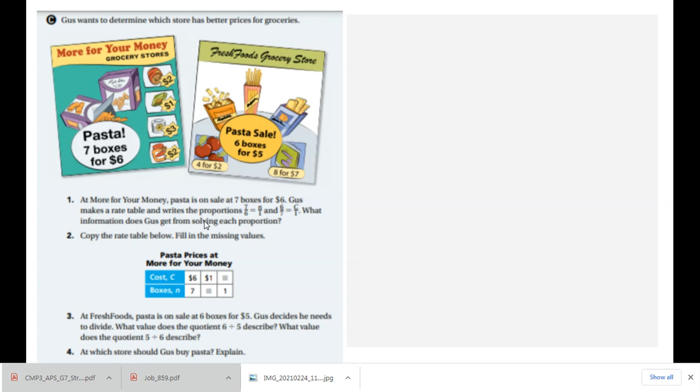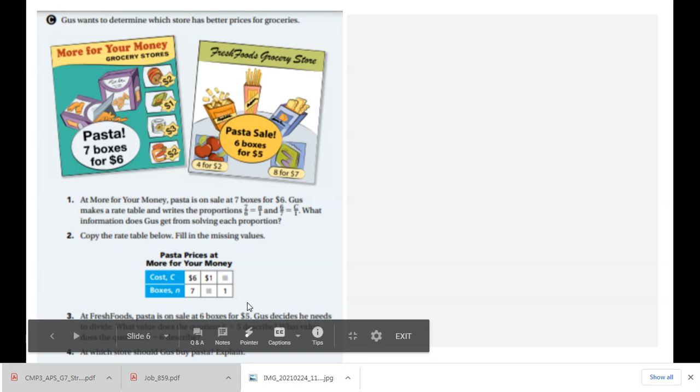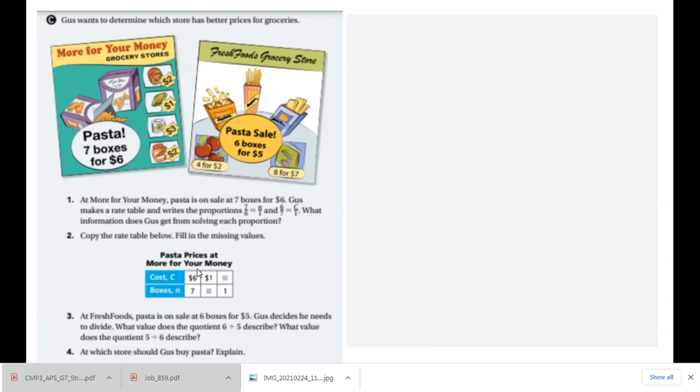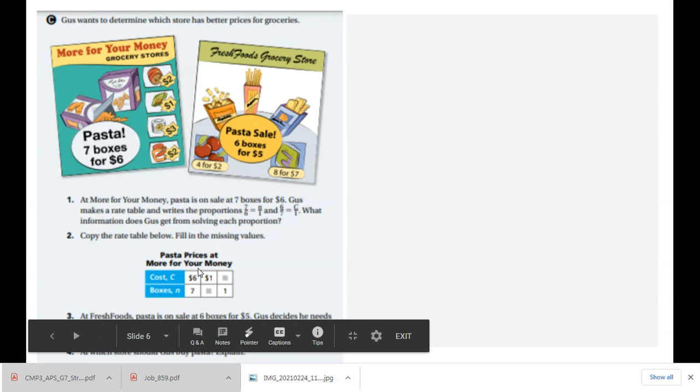What information is he solving? For this one, I did not make text boxes. You're going to have to make your own. This is just filling in this rate table. So we know that he gets 7 boxes for $6. How many boxes would he get for $1? So this is a unit rate, of course, right? Getting it down to 1. And then what would be the cost for 1 box?